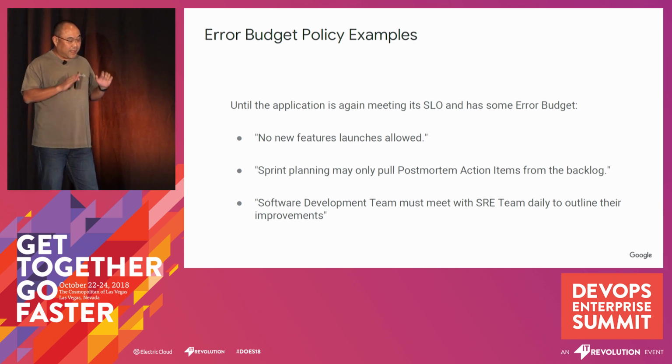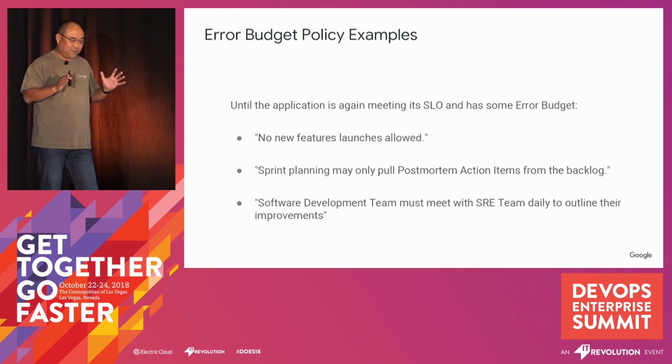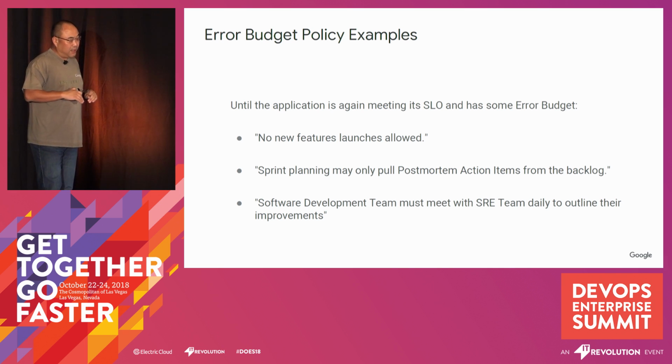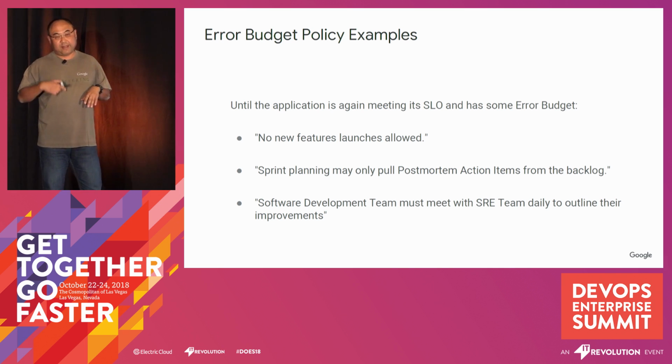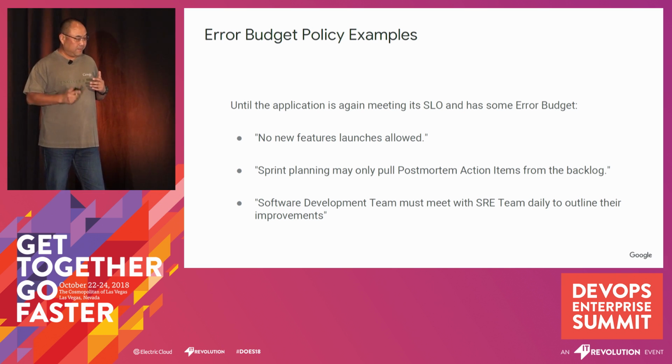We also can say that team, either a feature development team or SRE team, during this feature freeze time period, your action items only come from the postmortem action items. And we could also say that we want to have a daily meeting with them, with us, to discuss what we can improve.